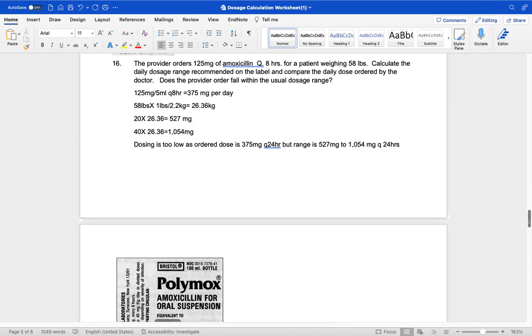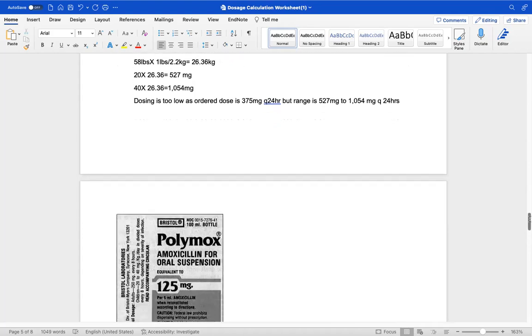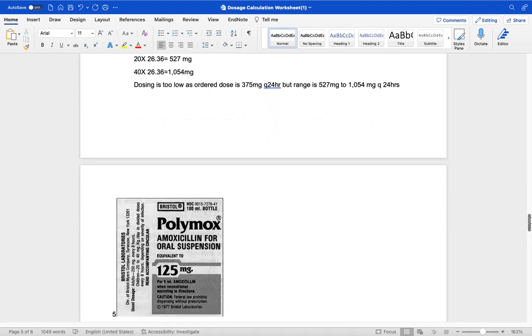The first thing we need to do at this point is figure out our weight. They gave us 58 pounds. Again, we do not deal with pounds, we deal with kilograms. So you take 58 pounds divided by 2.2. That is going to give you 26.36 kilograms. When we scroll down here, we are then going to plug that into what the ordered dose is.